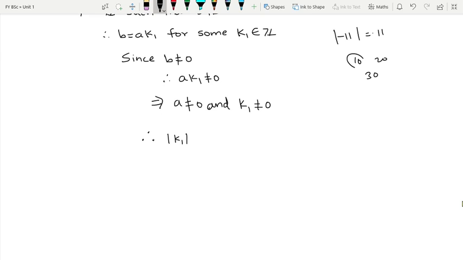Modulus of 10 will be 10, modulus of 20 will be 20, and modulus of 30 will be 30. So when is modulus 0 actually? Mod is 0 if the number is 0 itself, isn't it? So mod of 0 will be 0.